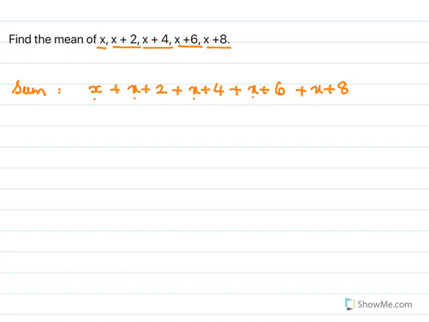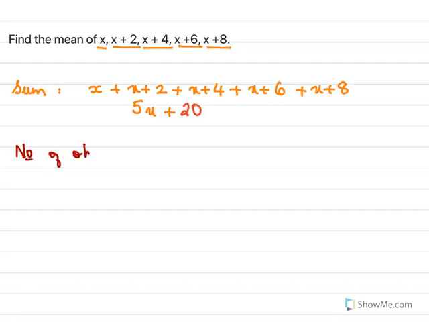So there's 1, 2, 3, 4, 5 x's. So 5x plus, and now we got to add 2 plus 4, 6, 12 and 20. So 5x plus 20 is the sum.